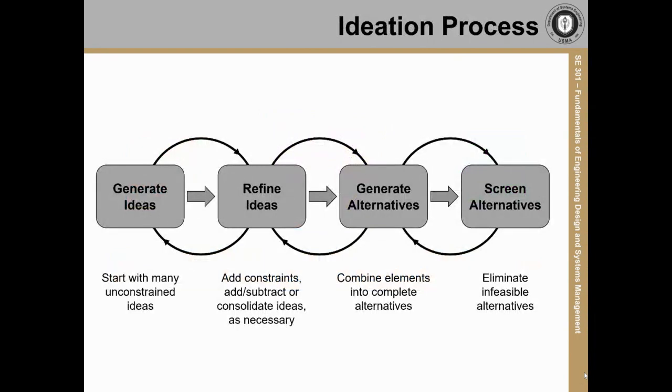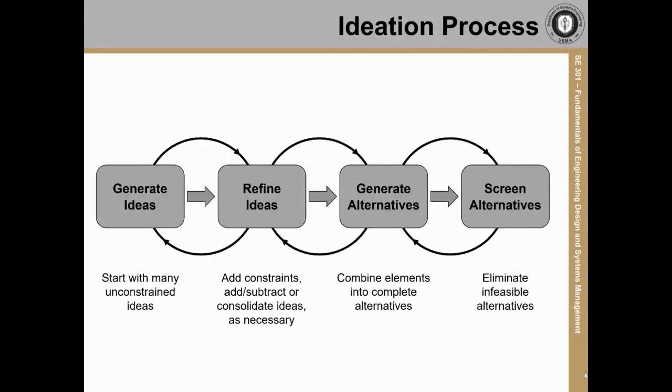All right, so the first phase of solution design is idea generation. And right here you can see a very simple process for the ideation process. You have 4 blocks on here. You generate ideas, you refine ideas, you generate alternatives, and you screen alternatives. So when you generate ideas, it's brainstorming, or you can use some other techniques, but there are no bad ideas. You just think broadly and try to come up with possible solutions.